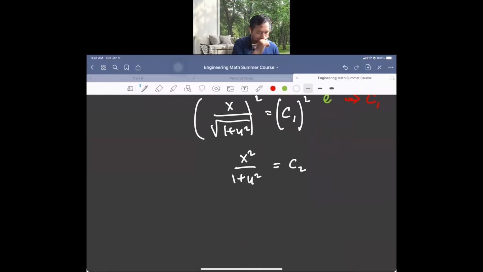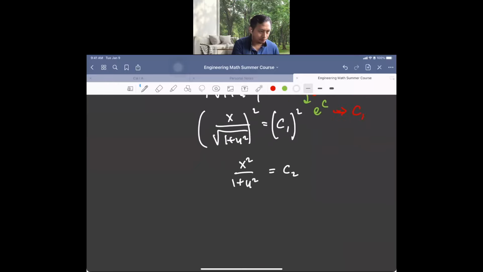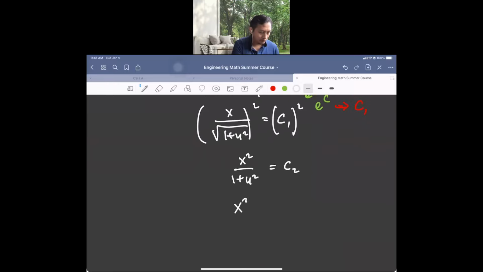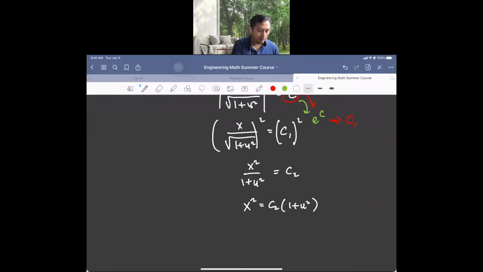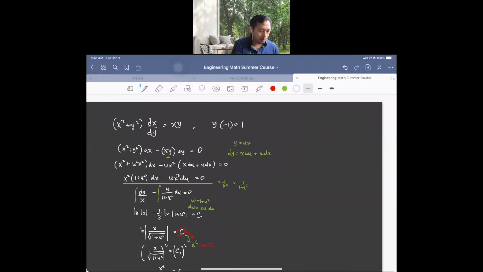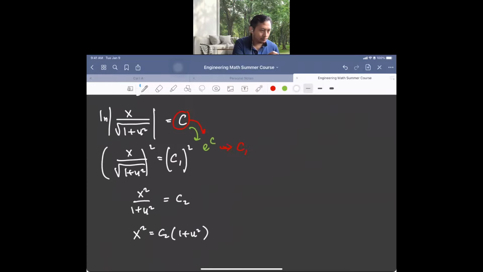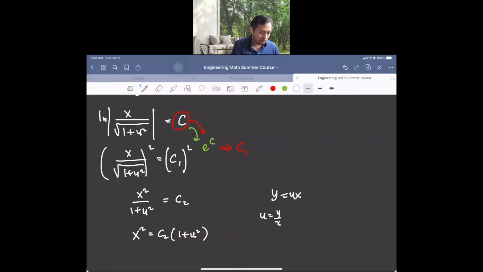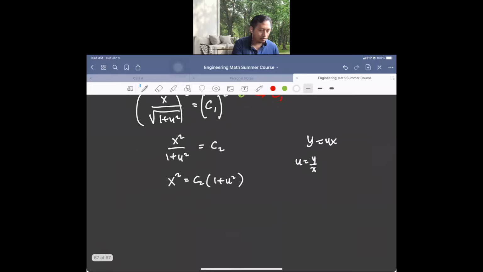Now from here, okay. Now u is what? y over x, right? y is ux, so u is y over x. So let me substitute back here and multiply with x squared, so it becomes x4.